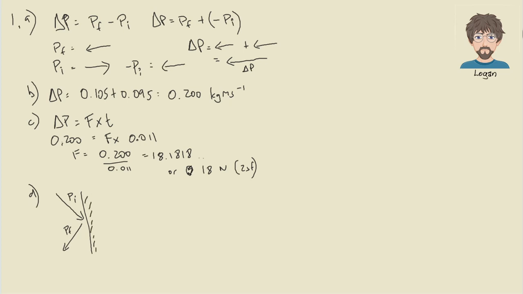We've got delta P equals PF minus PI, which equals PF plus negative PI. Now let's substitute in as we go. So delta P equals, we've got this one, and then we've got negative PI.